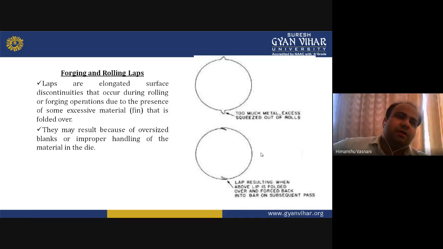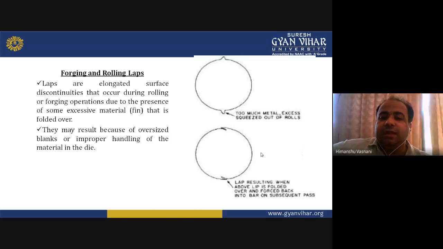You use extra material due to oversizing, and when you go for actual operations, these laps occur. Extra material is shown in the form of defects, discontinuities. Or secondly, if you are not handling the material properly in the die, then due to some technical issues, these kinds of discontinuities can occur.